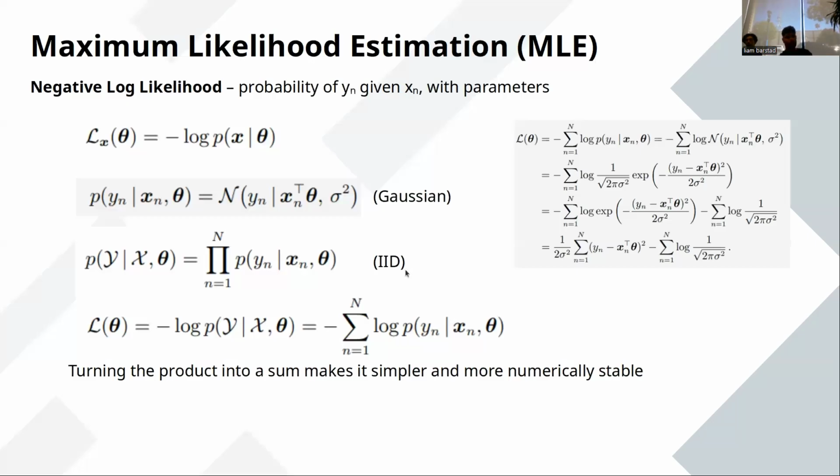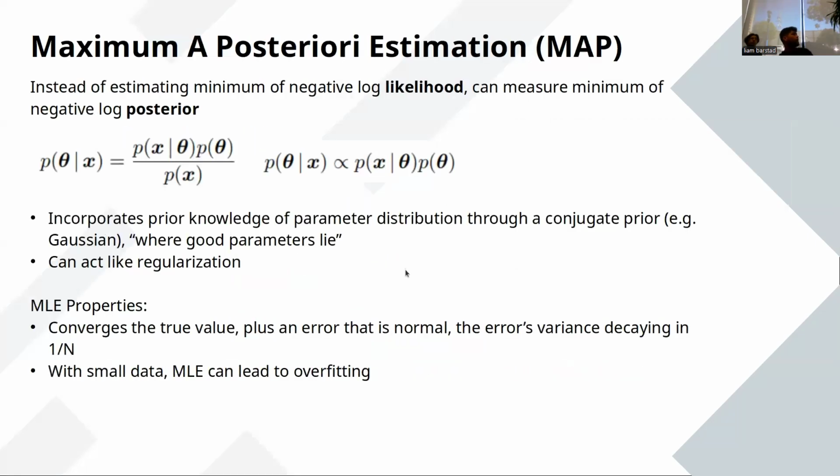In many circumstances, we want to actually estimate the posterior distribution, which is the reverse: the probability of a given set of parameters given X, given data. And what we can do is add a prior on those parameters.